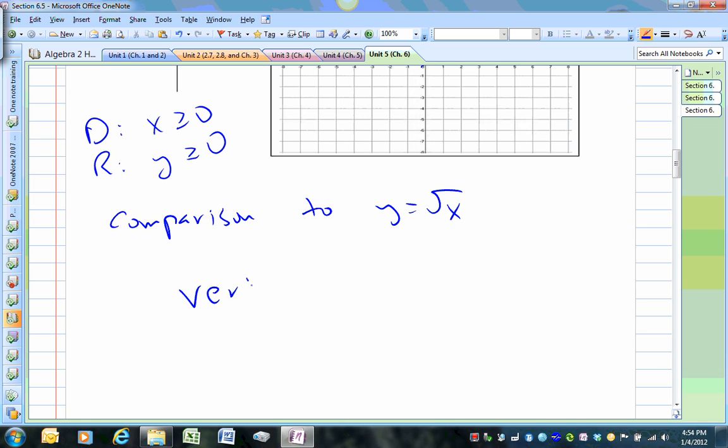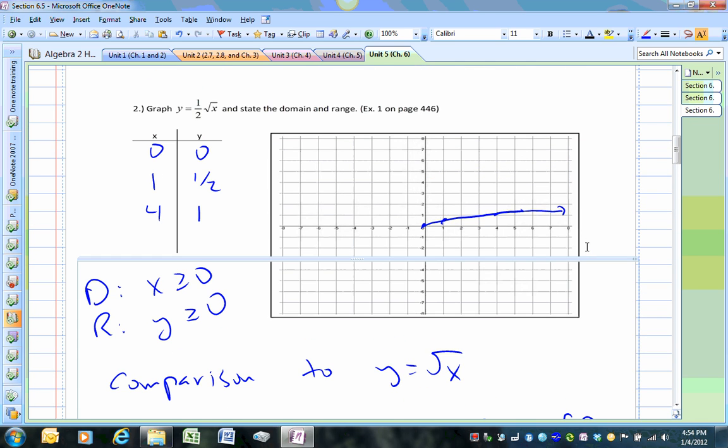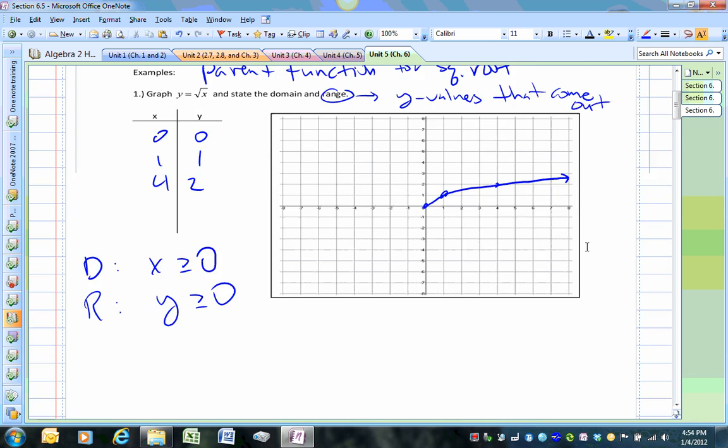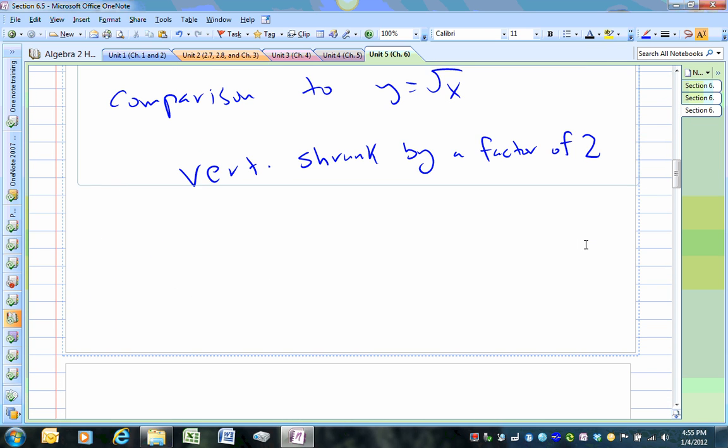We say it's vertically shrunk by a factor of 2. I'll explain this in class tomorrow, but that would be what we would have, because you could see how all the y values are half the y values before. So it's vertically shrunk by a factor of 2.